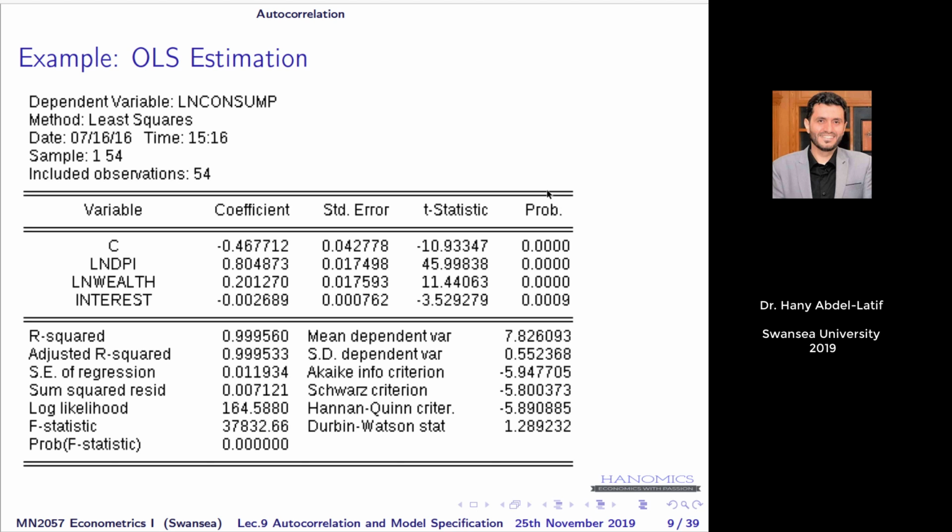In EViews you will see an object called resid, R-E-S-I-D, and it always has the residuals from the last regression you ran. So your residuals will automatically be there once you do the estimation, in EViews.